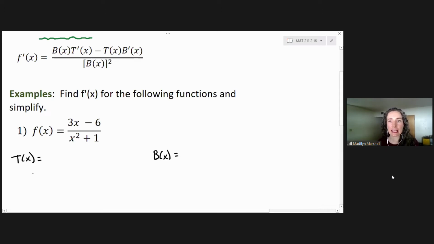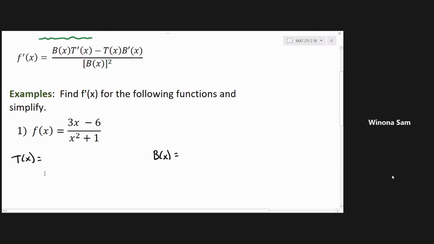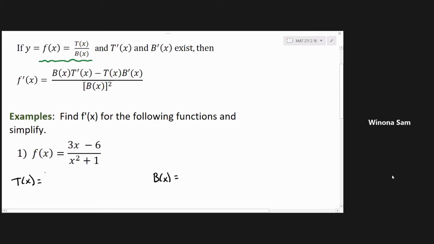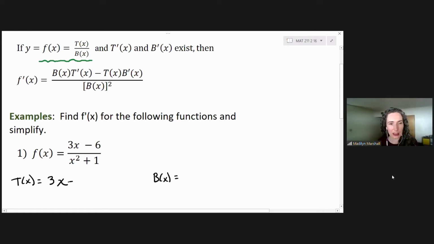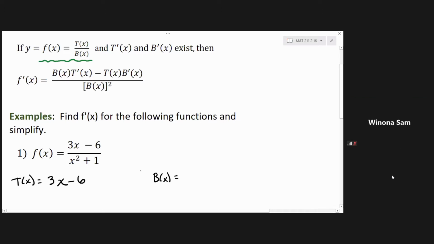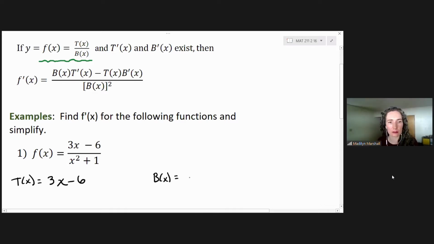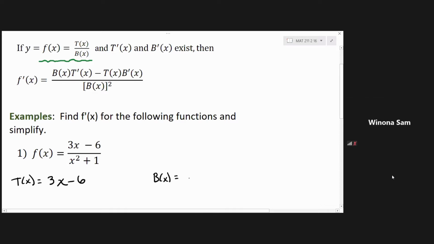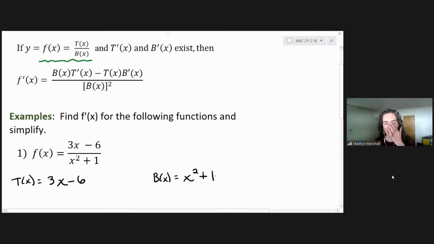So what is our t of x here? 3x minus 6. Yes, exactly, 3x minus 6. That's the top. And how about our b for the bottom? X squared plus 1. Right, exactly, x squared plus 1. So we're just taking the top and the bottom and calling them t and b.